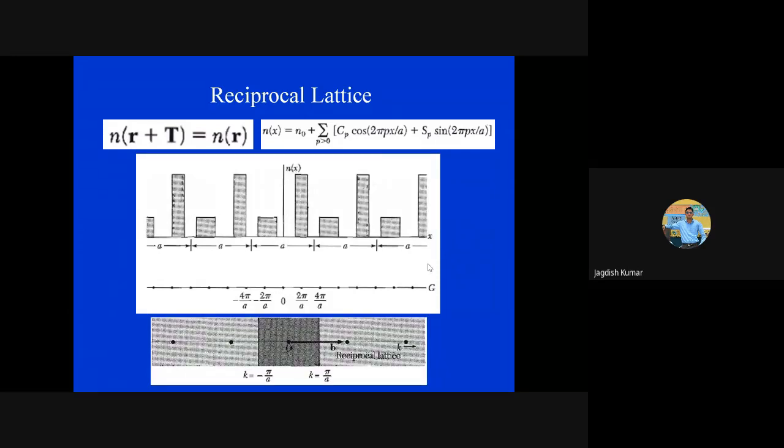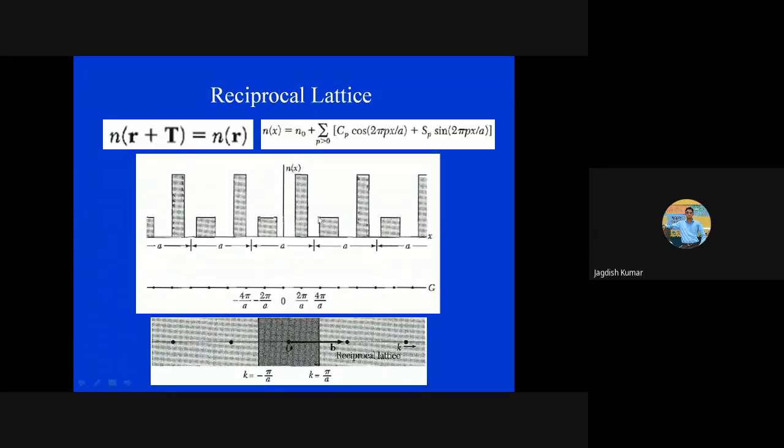Now let us assume we have a one-dimensional crystal for which the interatomic separation is A, and the distribution of electron density is some arbitrary shape. So n of x, these bars represent the shape of the electron density in the crystal.